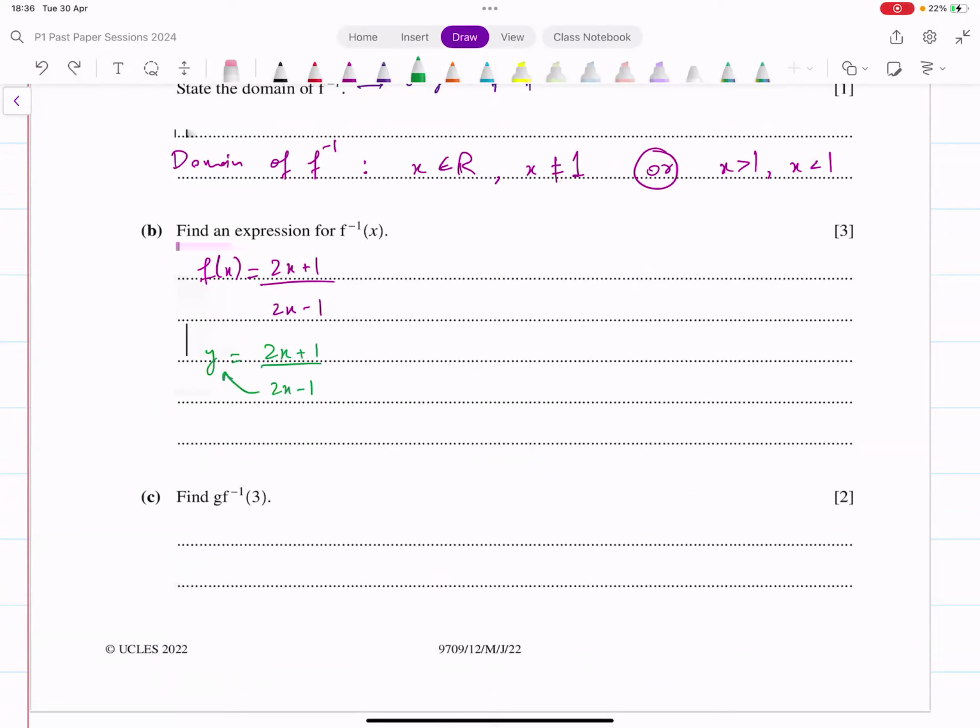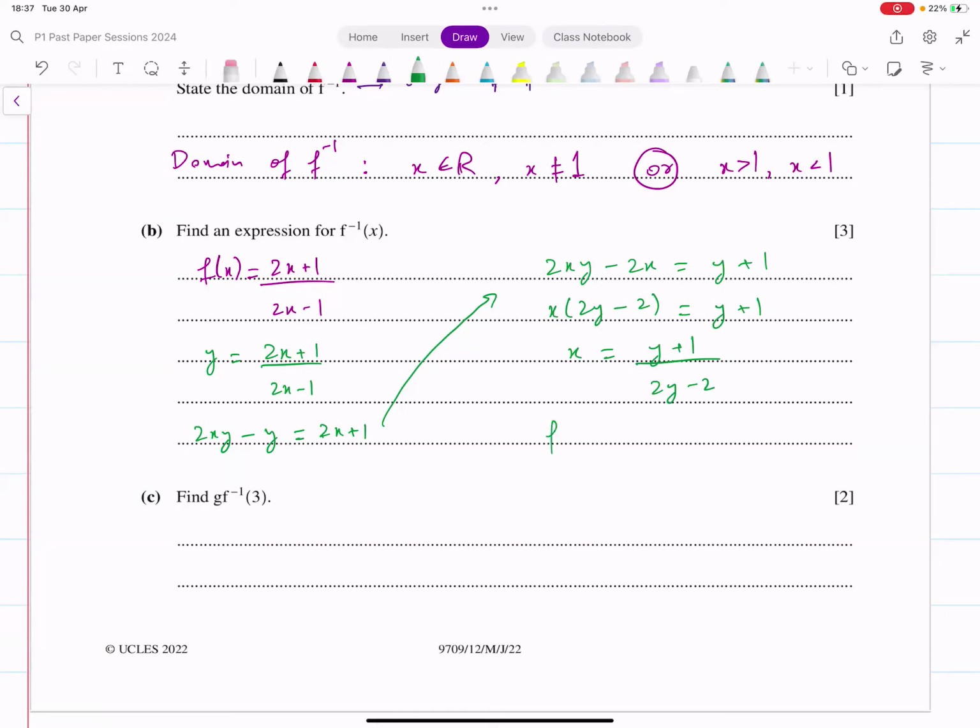Multiply this on the other side, and that will give you 2xy minus y equal to 2x plus 1. Take x terms to one side. You get 2xy minus 2x equals y plus 1. Take x common, that leaves you with 2y minus 2 inside. On the other side, you have y plus 1, and x equals y plus 1 divided by 2y minus 2.